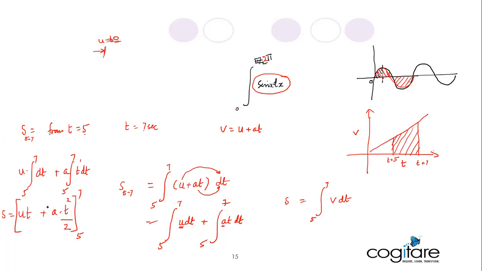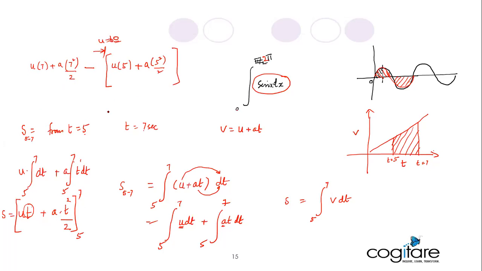Then whatever the variable here is, t, first you put the upper limit. So you will say u into 7 plus a into 7 square divided by 2. So in the entire expression you have put the upper limit, minus, open the bracket, u into 5 plus a into 5 square by 2, close the bracket.